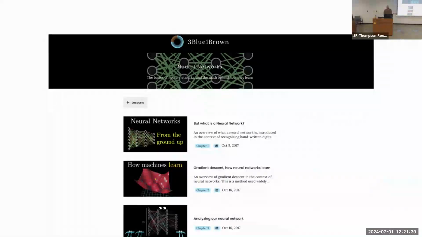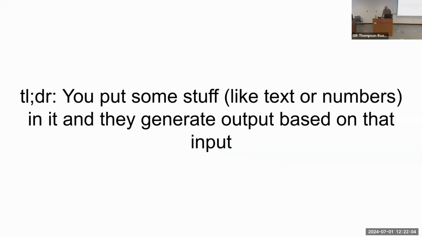If you want to dive into that stuff, I can highly recommend you watching 3Blue1Brown's series on neural networks. He also talks about ChatGPT in another series. I think that's a great explanation at a level that I think most people, even with no significant quantitative background, can grasp. So basically, what is a transformer?